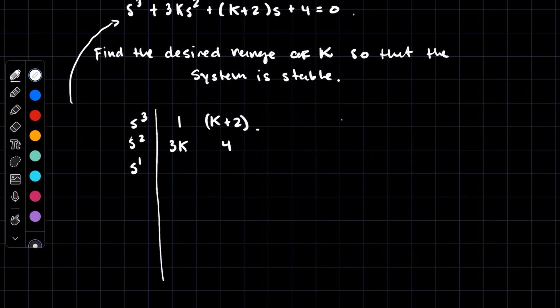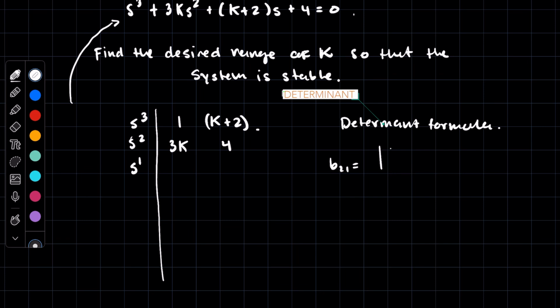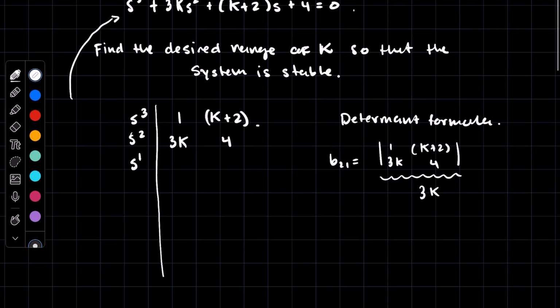So if we use the determinant, we know that this is going to be 4.